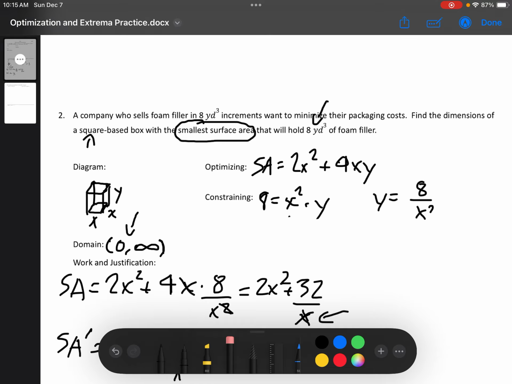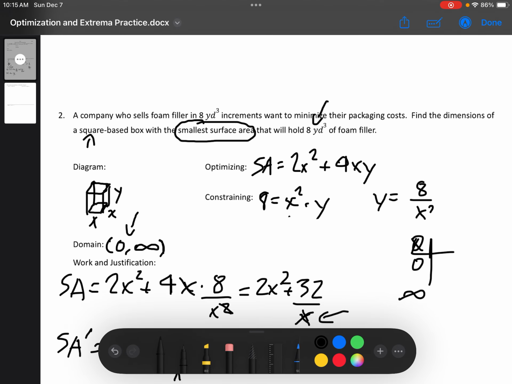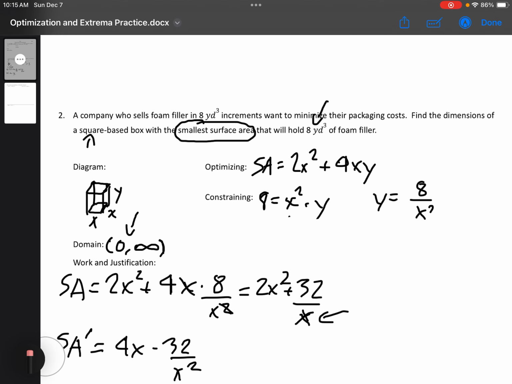Now, if we make a standard candidates test, you would not include the endpoints of 0 and infinity, because you can't take the values of that. Instead, you want to just do a simple sign test, because we have only one relative extrema, which is at x equals 2.